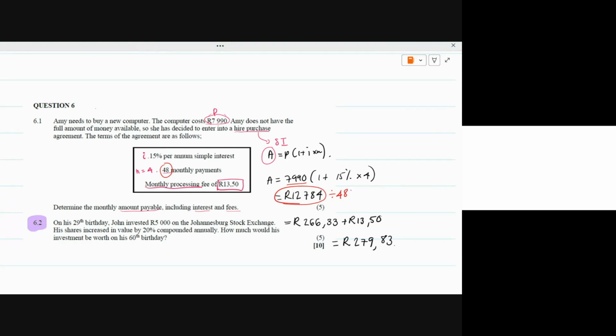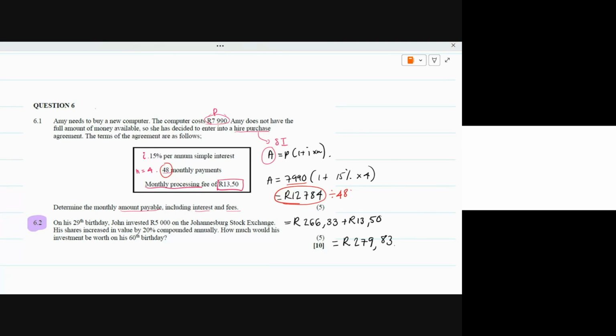Okay. No, ma'am, I actually have a question. Oh, okay. Yeah, sure. Go for it. So I'm writing maths on Friday. There's this part of finance that we did in class that involved insurance and deposit. I was wondering if we could do it today, because I know how to get the deposit.